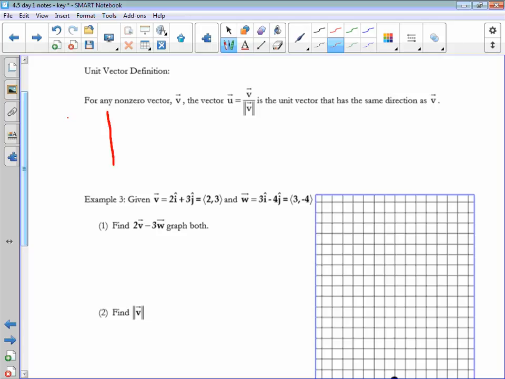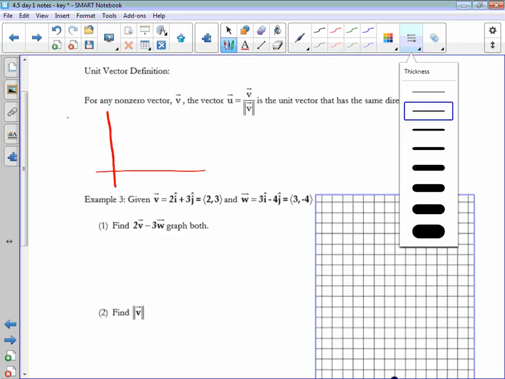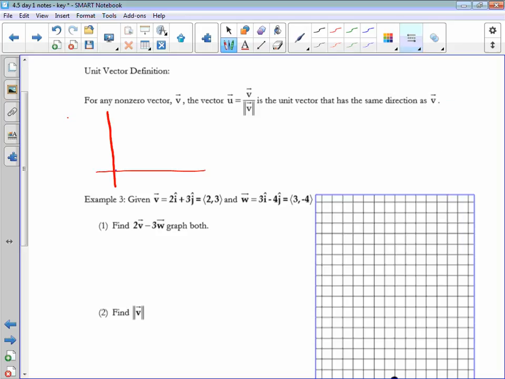Let's say here's my xy grid. Let's say I have some vector V. I know here's 1 on this axis, and here's 1 on this axis. I drew a little arc.